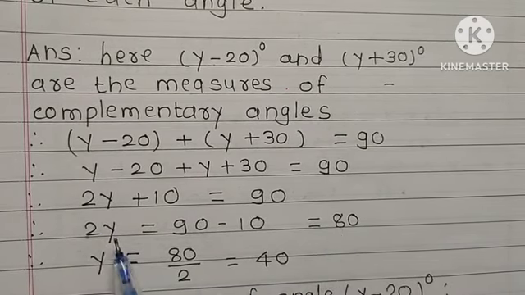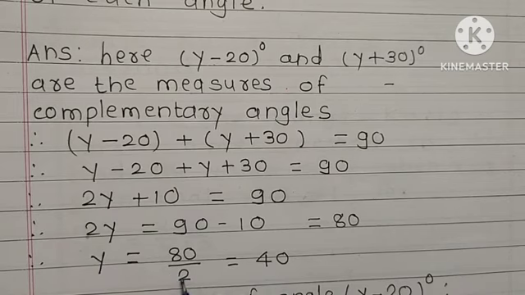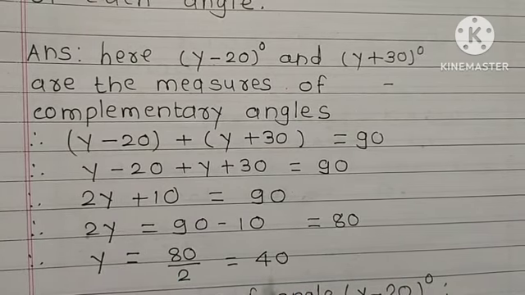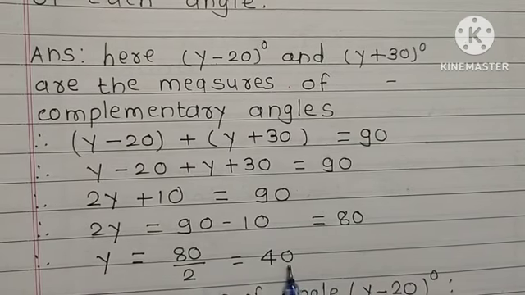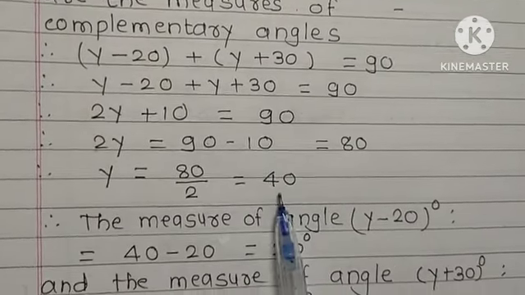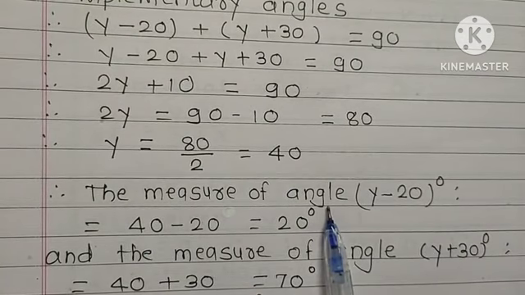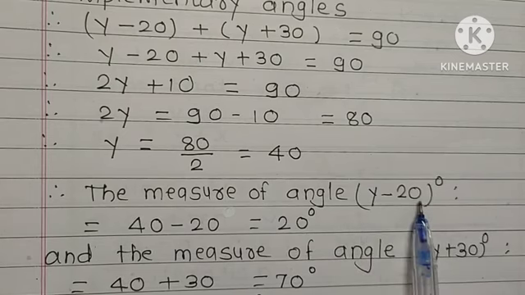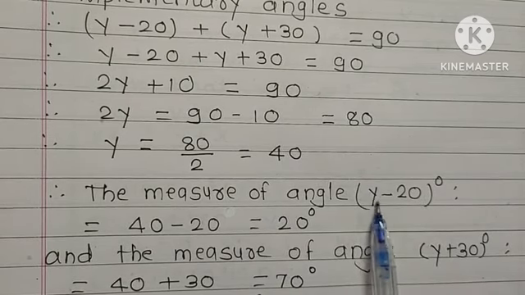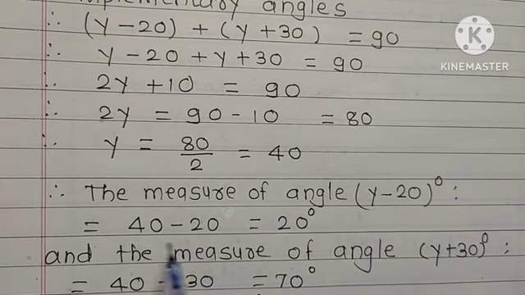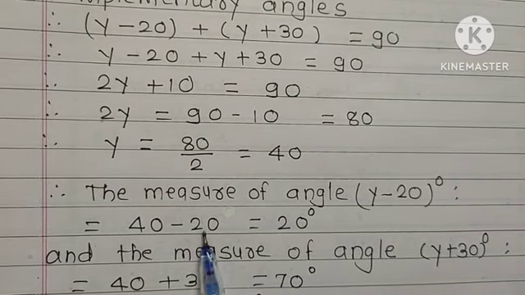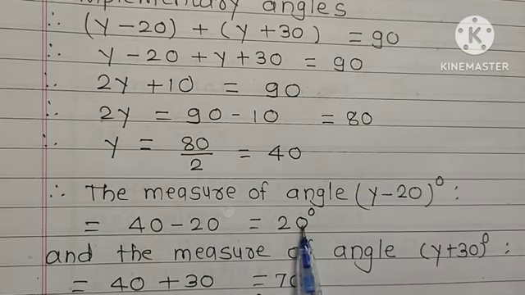So y is equal to 80 upon 2, and 80 upon 2 is 40. That means the value of y is 40. So the measure of angles. First angle is y minus 20. Put the value of y as 40. That means 40 minus 20, you will get 20. So first angle is 20 degree.